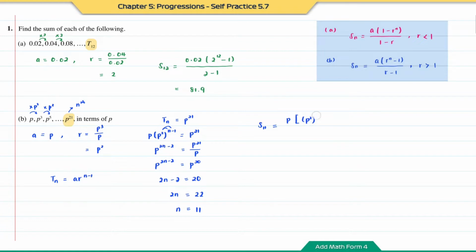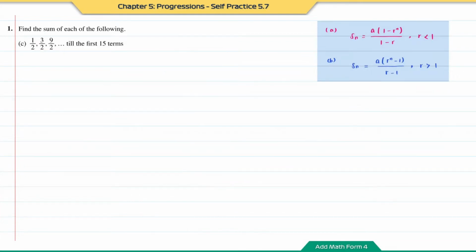So here the power will be 11 minus 1, over r minus 1, which will be p squared minus 1. Here just multiply this power and you're going to find that it will be p bracket p to the power of 22 minus 1, over p squared minus 1. So this will be in terms of p.